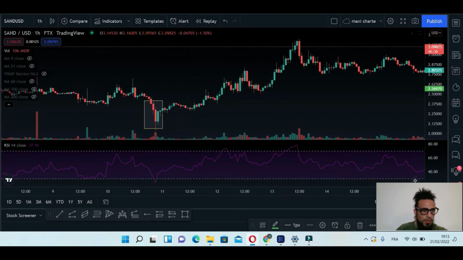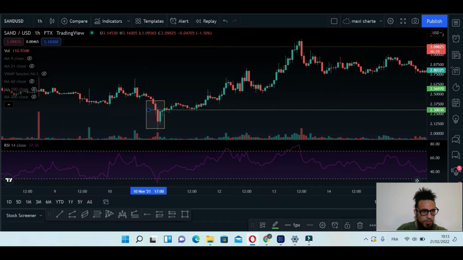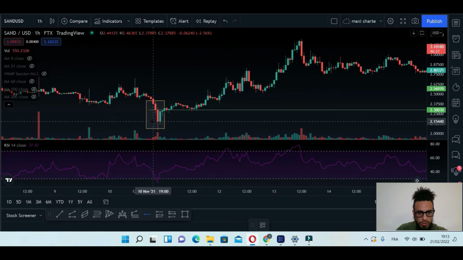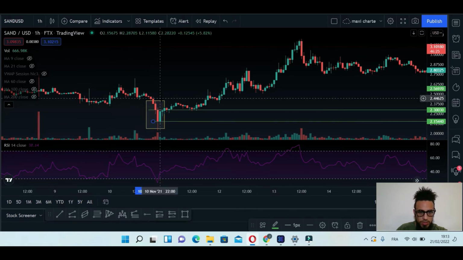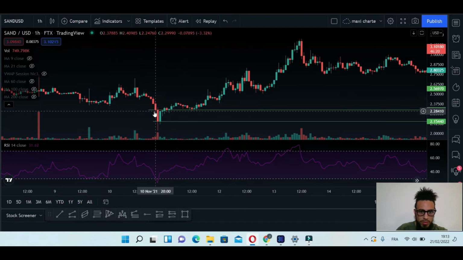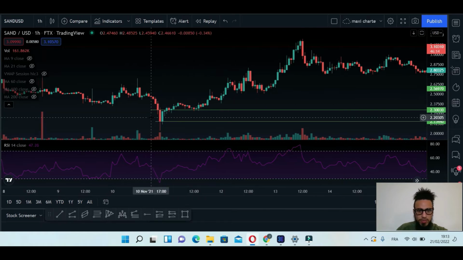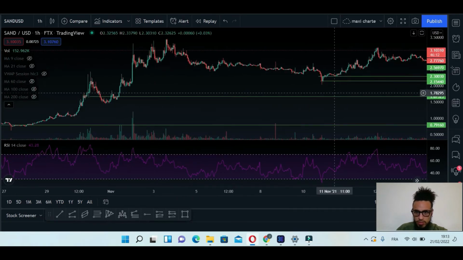Here, what do we have? Okay, where would we put the POI here? I would go ahead and put it on these two levels, the top of the last sell before buy candle and the top of the wick of the sell before buy candle. That would create the range.